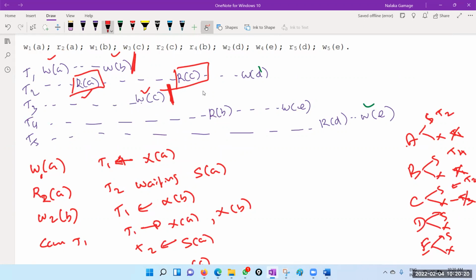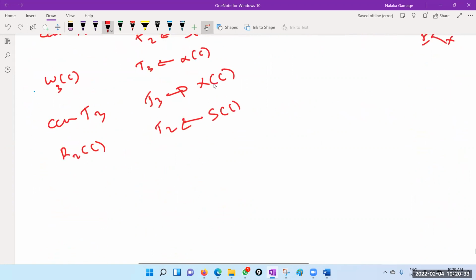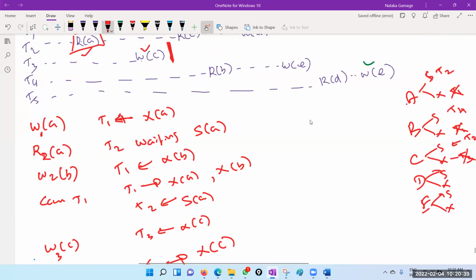So this is done now, and no waiting is needed. Now transaction 4 needs read B. Now check whether the B lock is available.